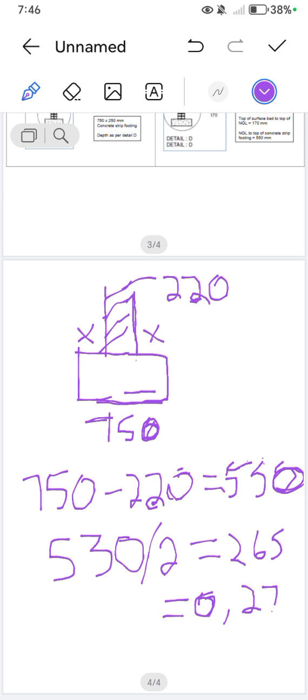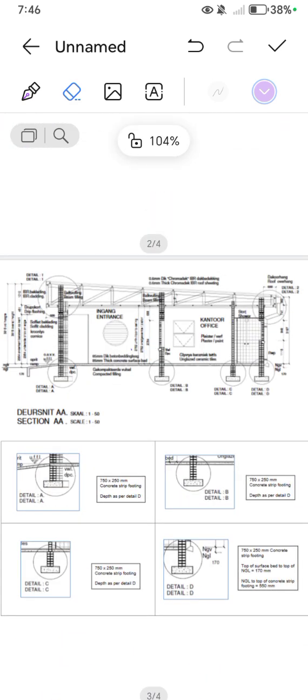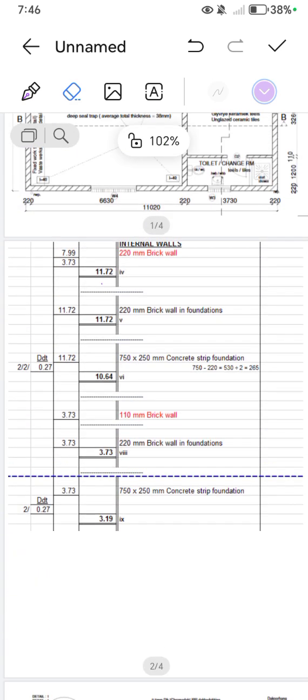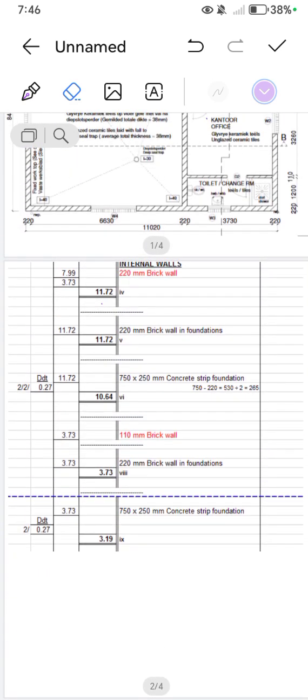Remember, we're doing our working out in meters, so that's basically what they were doing there. So let's go up and see the calculation. As you can see, they had that 0.27, which was represented by the 0.27 there when they were doing that.